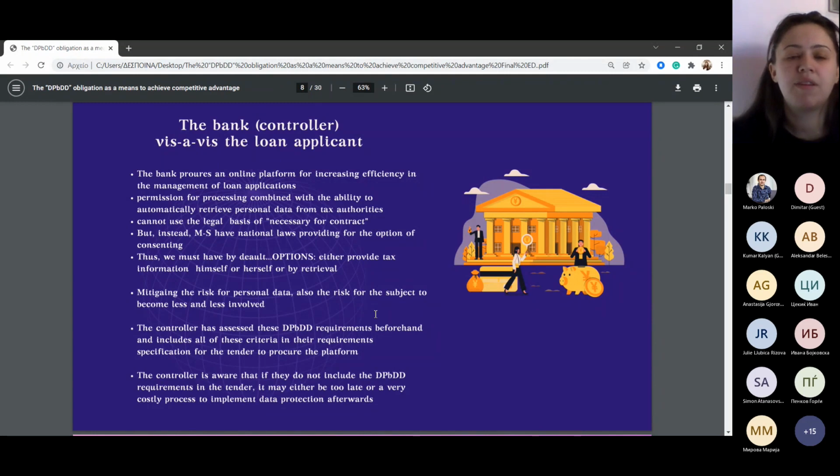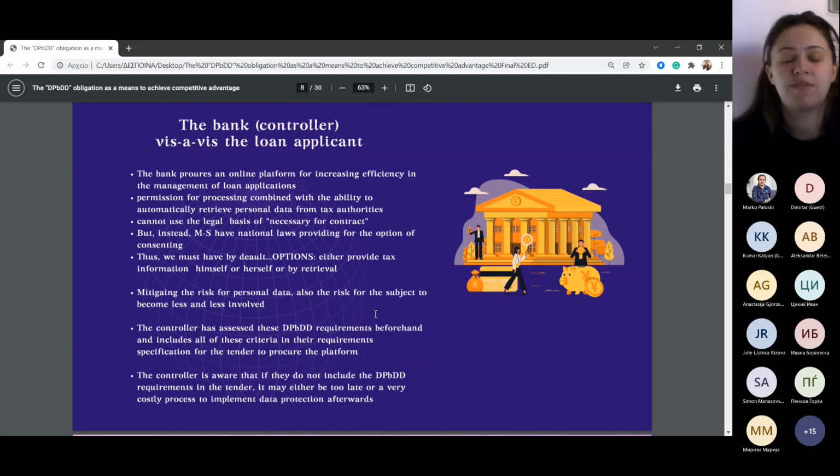But instead, there is a strong need for another legal basis, and member states have national laws providing for the option of consenting. So we must have by default options. We must have an options environment. Either provide tax information himself or herself, the data subject, or by retrieval from the tax authorities. In this way, we are mitigating the risk for personal data and also the risk for the subject to become less and less involved.